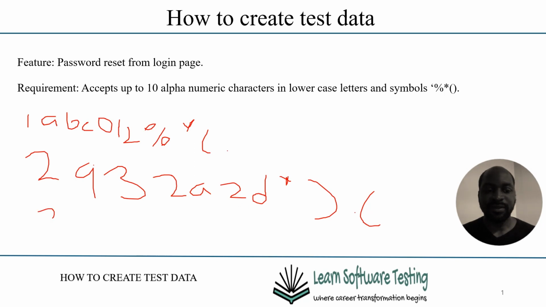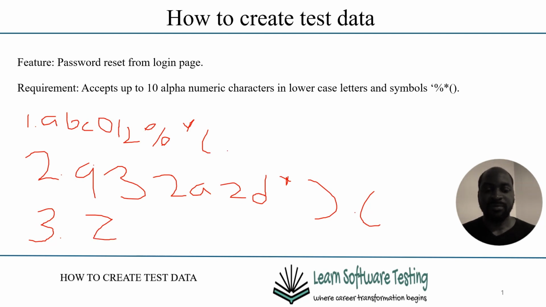With test data three, we know it allows alphanumeric characters in lowercase letters. So what happens if we enter an uppercase letter? Let's say full stop here to differentiate the test data number. If we start with uppercase Z, what do we expect here?